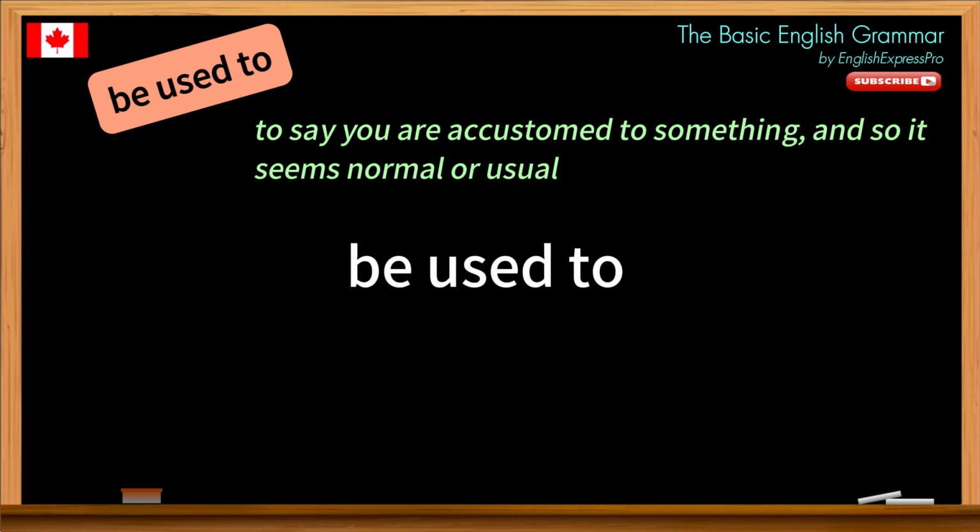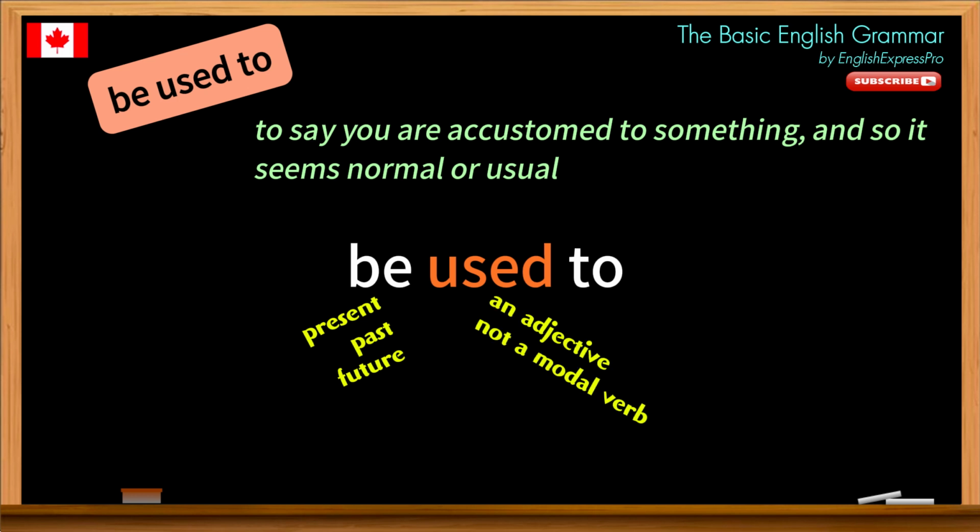In be used to, the verb be can take the present, past, or future tense, though future is less common. And the words used to are an adjective, not a modal verb. Earlier, you heard the present tense am in my sentence, I am used to waking at sunrise. That means I am accustomed to it.